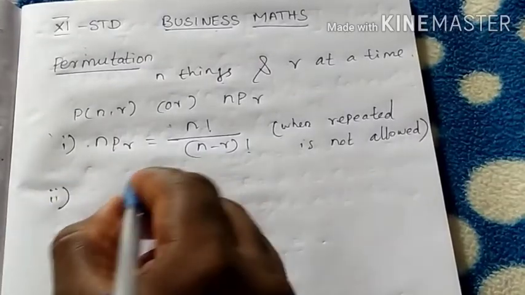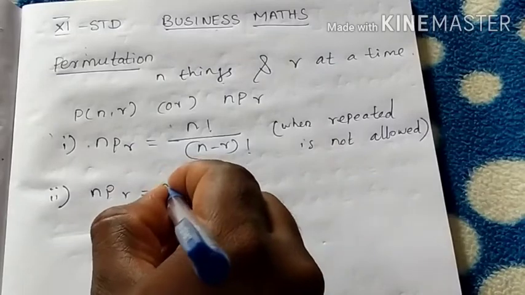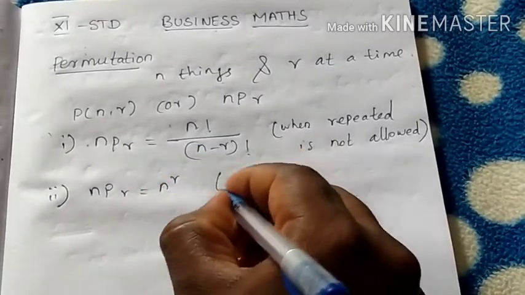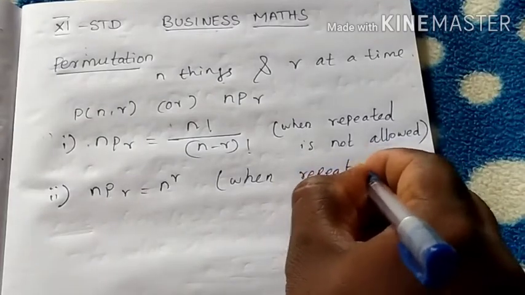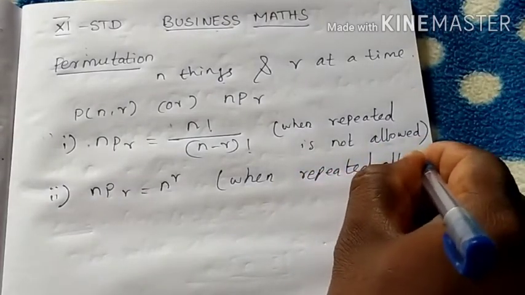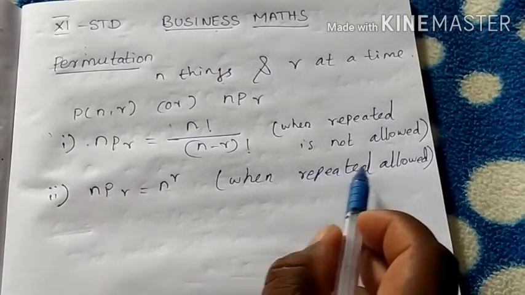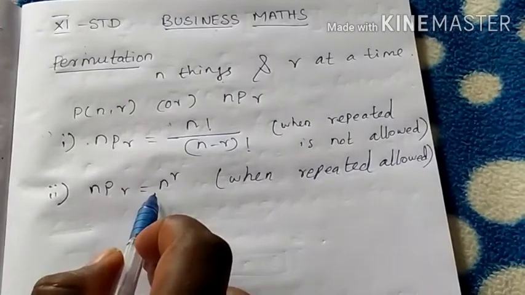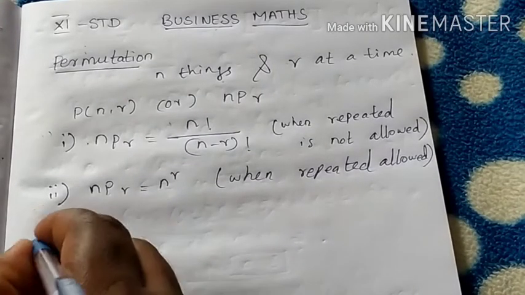Suppose repetition is allowed, then the nPr formula is equal to n power r. When repetition is allowed, this is your permutation formula.